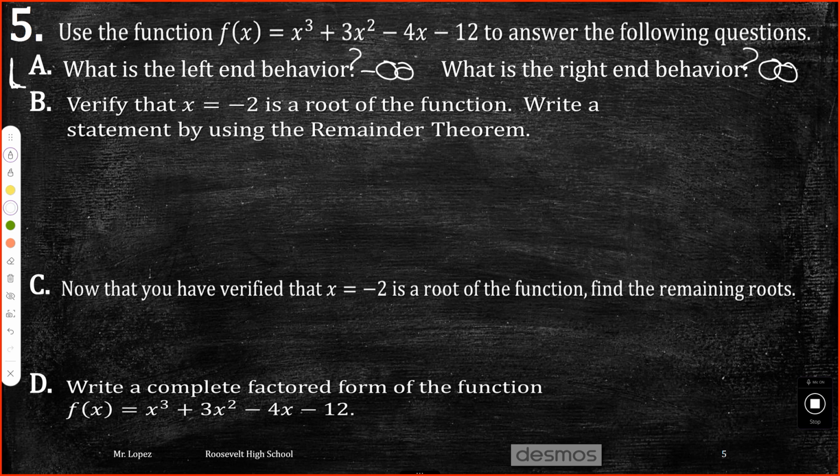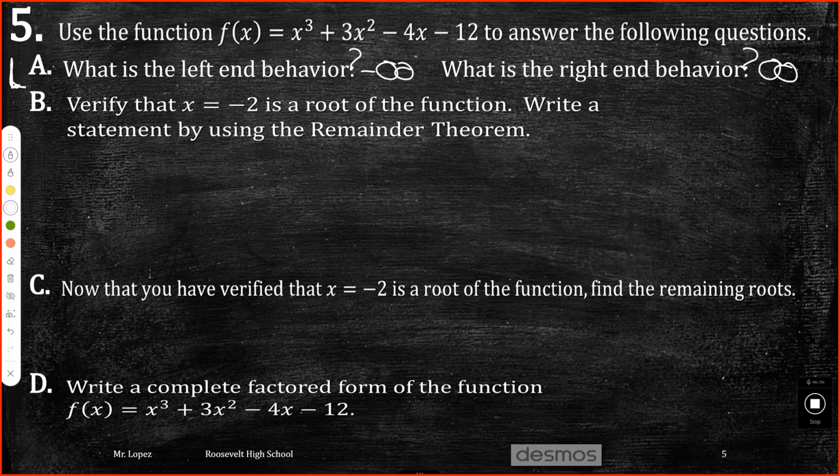Whenever it says to verify that it is a root of the function, I would suggest not using that definition of f of something, the way you did in the homework. A better way is synthetic division, because it gives you more information than doing it the other way.